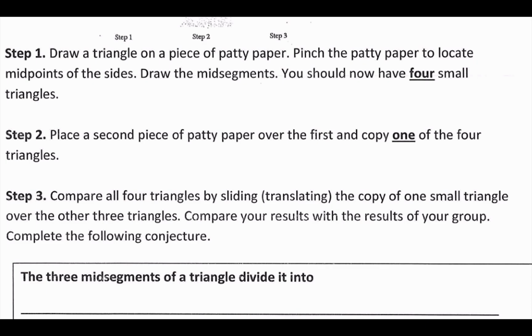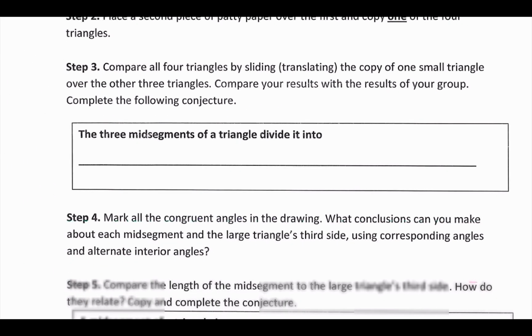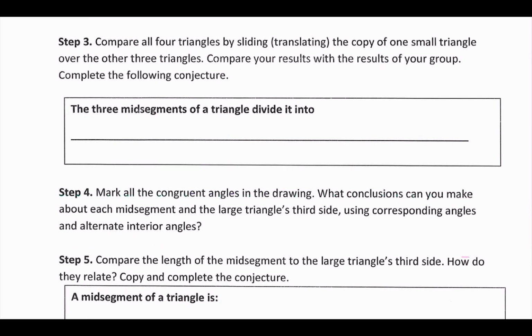Copy only one of the four smaller triangles that were created. Once you've copied that, we move on to step 3.